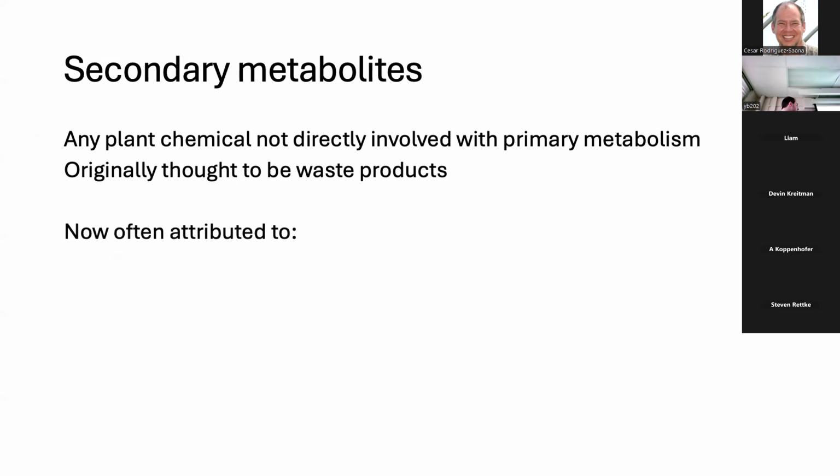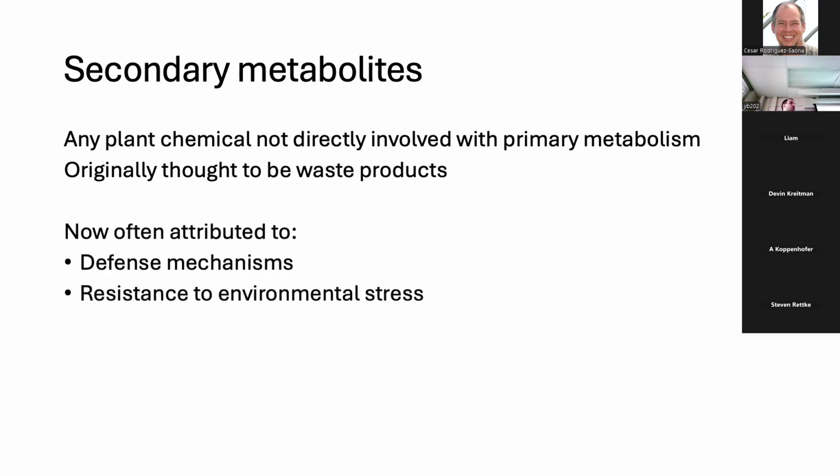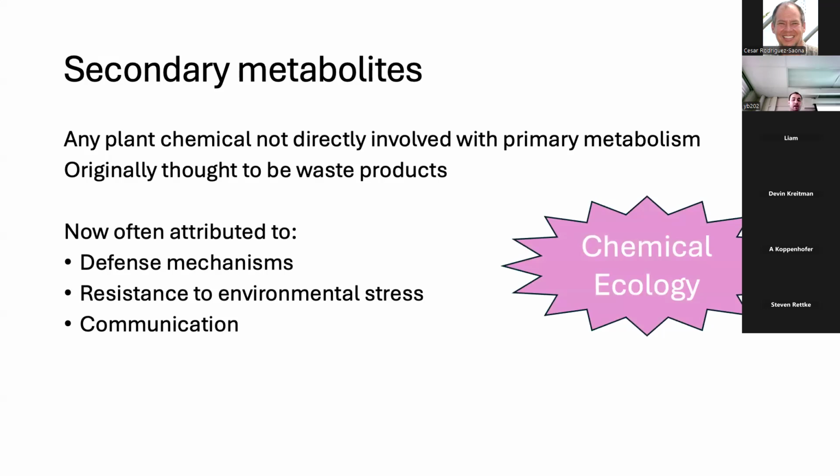They can be attributed to defense mechanisms within the plant, to resistance against environmental stressors, and to communication, whether with other species, with the same species, or different organisms. And this is what chemical ecology is all about. It's all about these communications, these interactions between different organisms by use of chemistries.